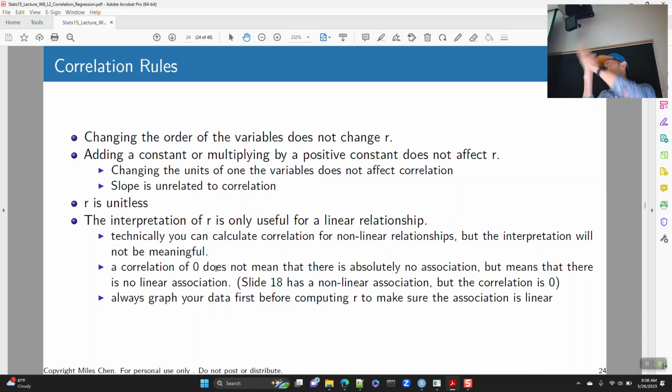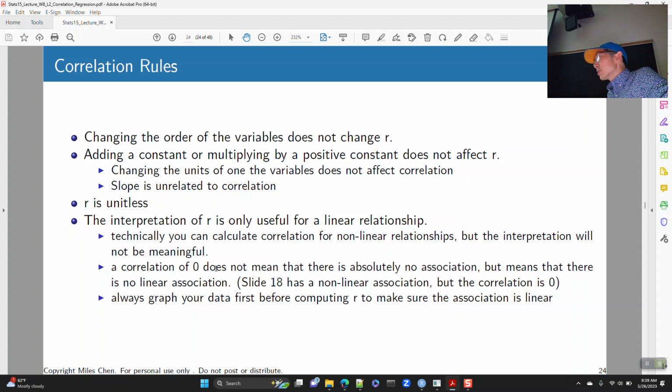It will change the slope. Later on, we'll learn how to do linear regression, and it will affect the slope when you change units, but the correlation is unaffected. So correlation doesn't tell us anything about slope. Correlation itself is unitless, and the interpretation of correlation is only useful when you have a linear relationship.